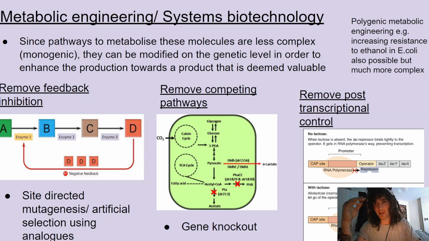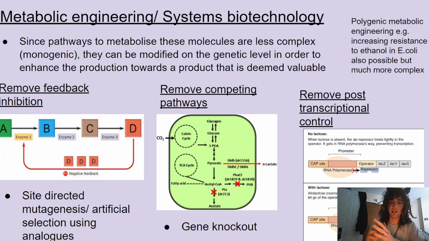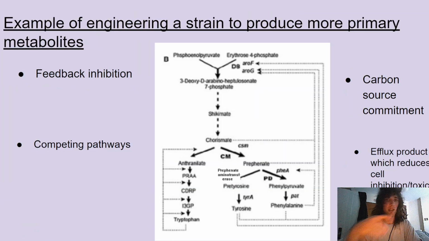Yes, cell membrane. Oh my gosh, I'm so sorry. Which is a polygenic trait because you have all these intermembrane proteins which help its resistance to ethanol. You can artificially select for that by just growing E. coli in ethanol and seeing which has the most growth, and then just choosing for that over and over again.